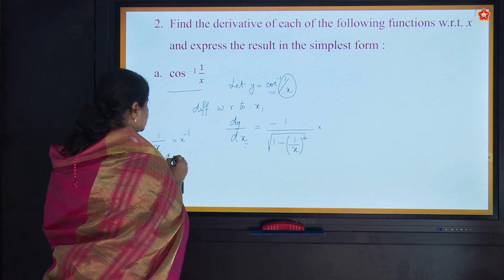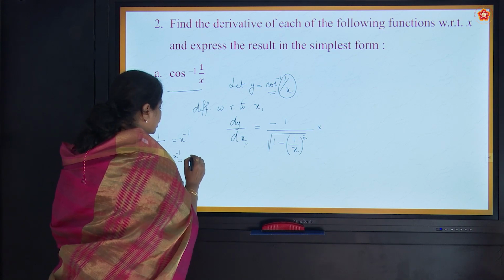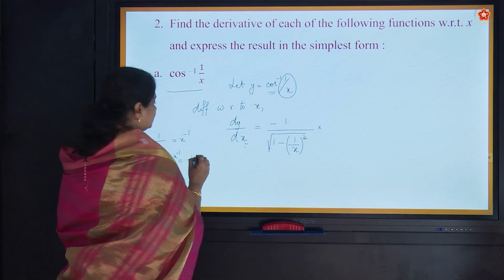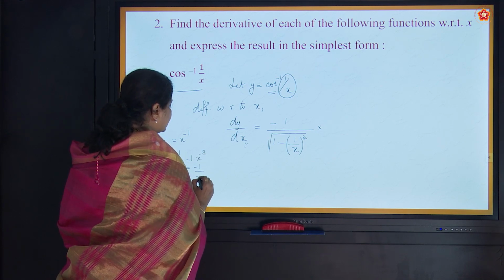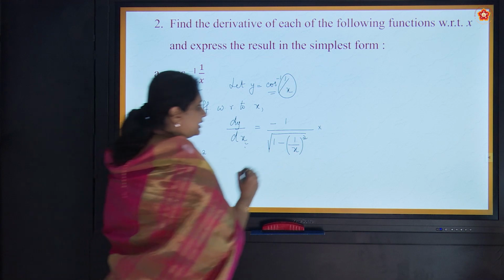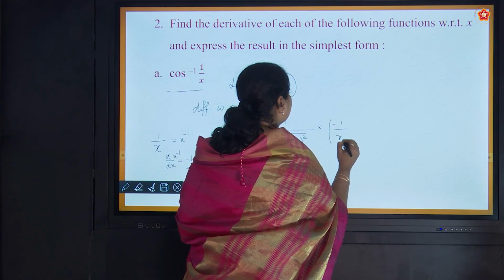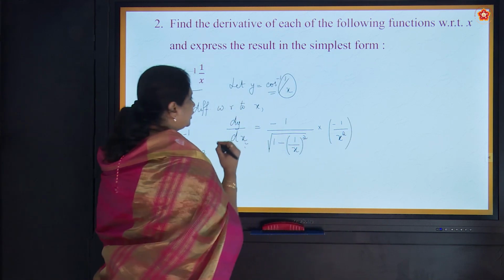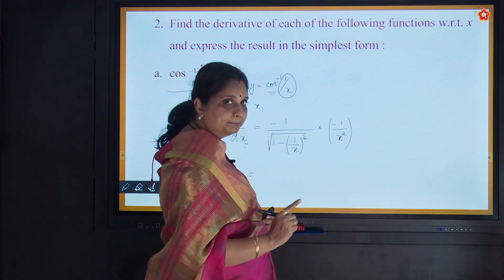And when you differentiate x power minus 1 with respect to x, use the power formula: minus 1 x power minus 2, that is nothing but minus 1 by x square. Correct? So now when I differentiate 1 by x, I get minus 1 by x square. So I've used the chain rule here.